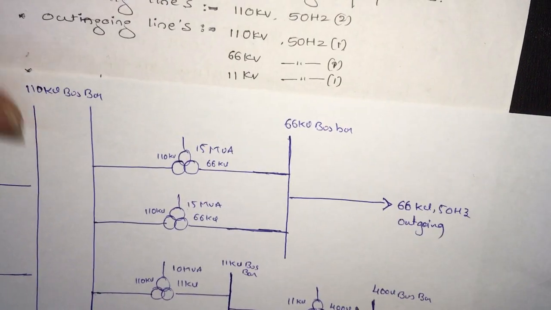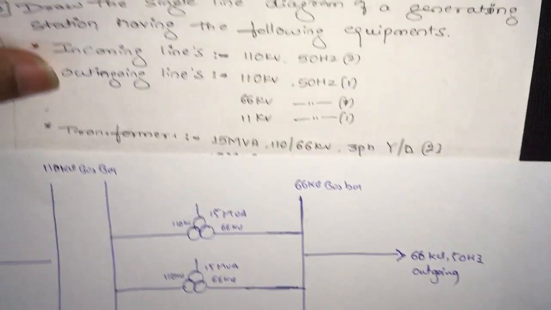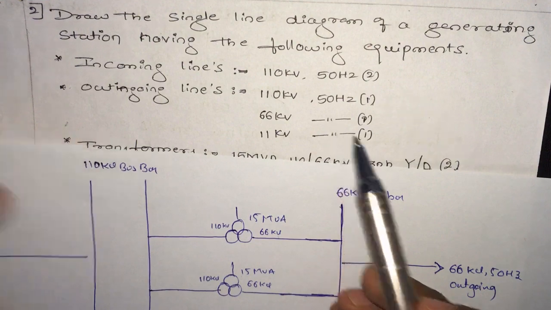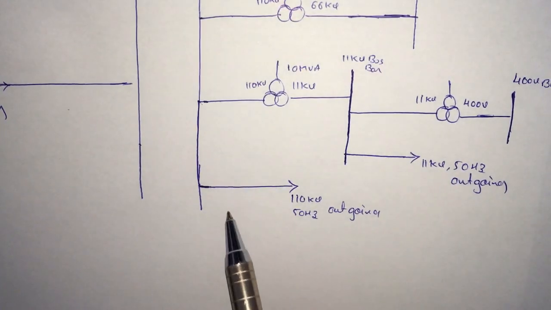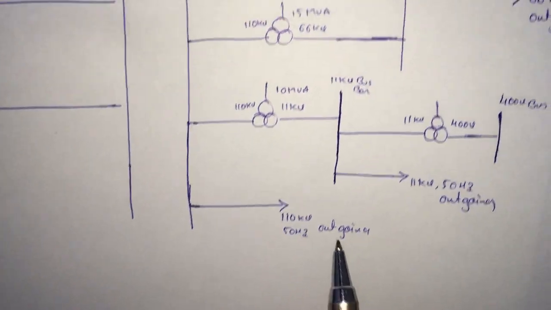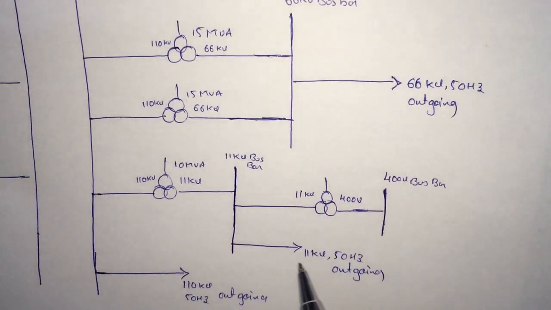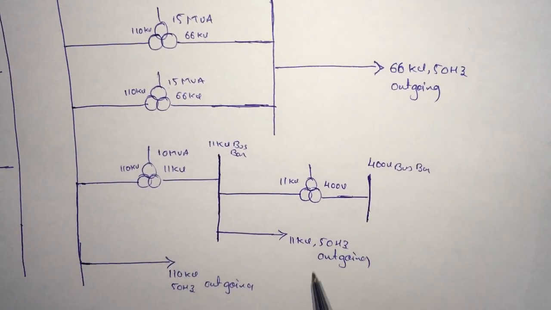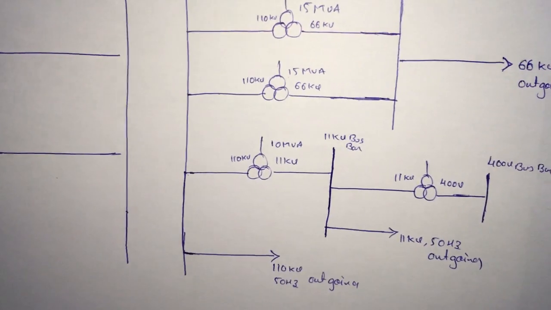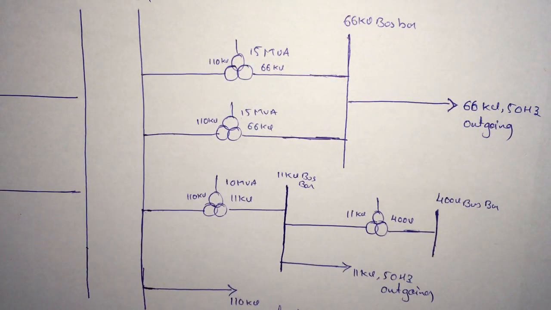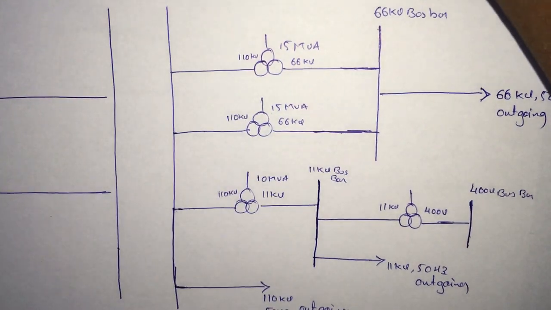Okay, you can see this. Now we got three outgoing lines. First outgoing line was 110 kV 50 hertz, second one was 66 kV 50 hertz outgoing, and third one was 11 kV 50 hertz outgoing. Now we got a draft of these things.